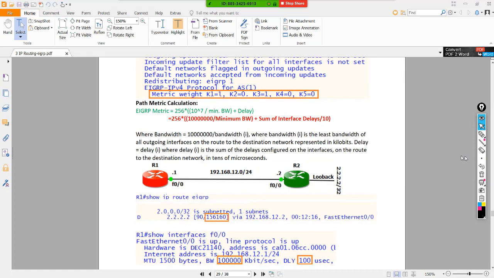And in the routing table, from R1's point of view, if any packet has to reach 2.2.2, it will go over EIGRP. D denotes EIGRP, 90 denotes the AD value, and this denotes the metric, via this interface 12.2, which is nothing but this interface.